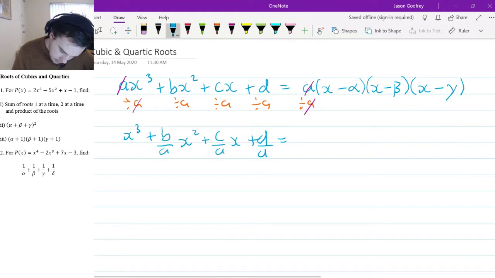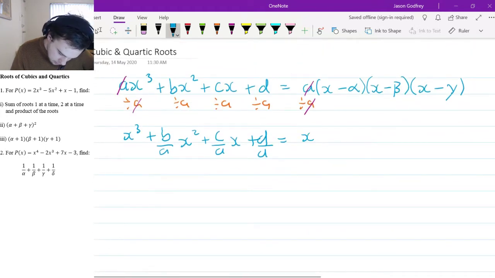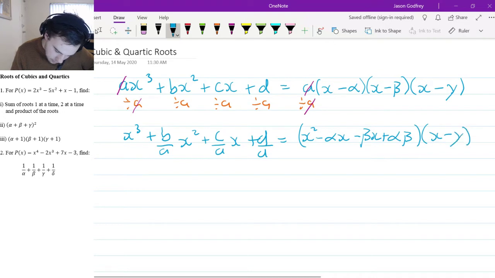So I'll start with x minus alpha times x minus beta, which will be x times x is x squared, minus alpha x, minus beta x, plus alpha beta, and that whole thing is times x minus gamma. Might need a bit more space for this.